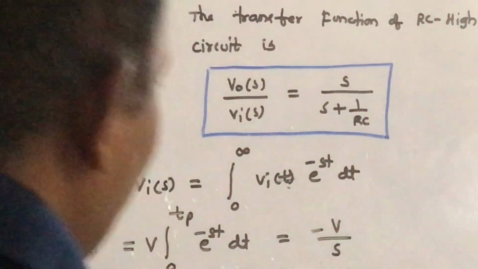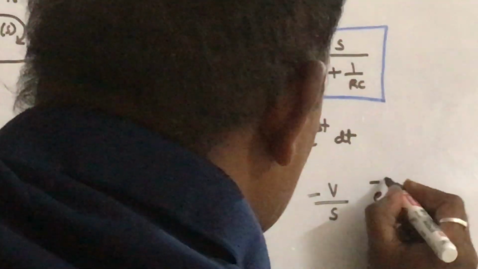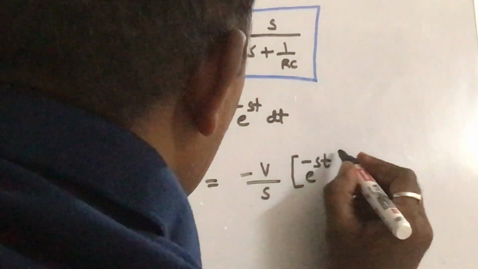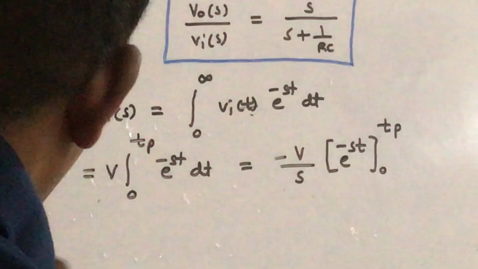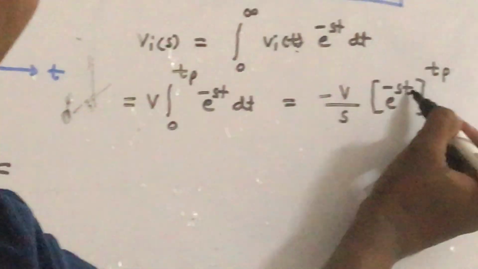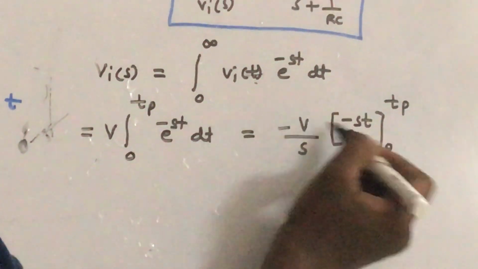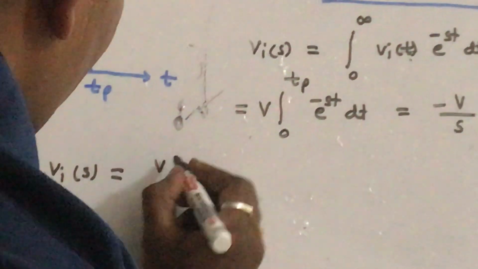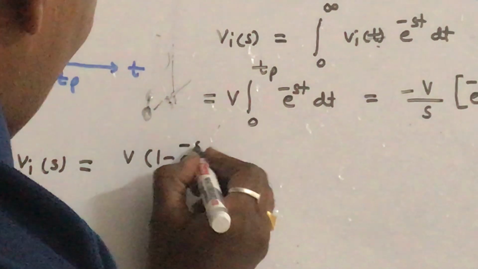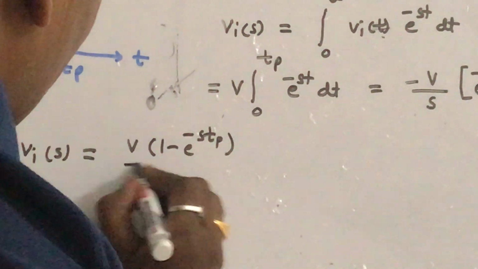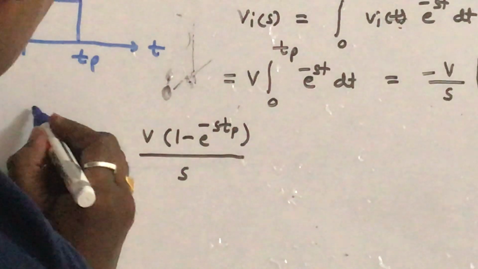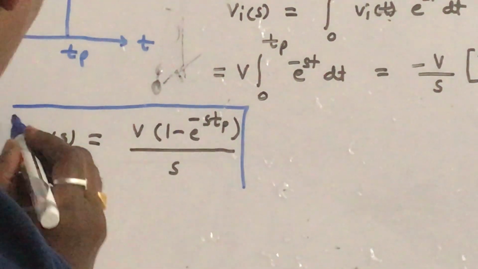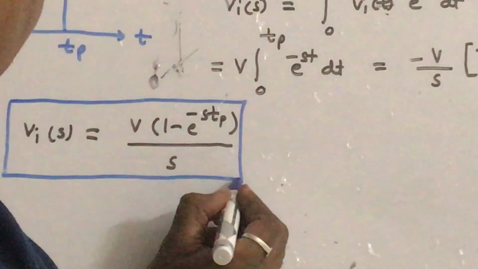Taking minus s outside, the limits are 0 to Tp. So the final expression: if you substitute Tp and 0 and multiply by the minus sign, we get Vi of S equal to V into 1 minus e power minus STp by S. This is the input voltage in Laplace transform.